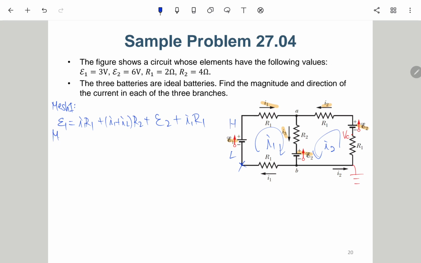And then for mesh 2, let's say we start from this point, or maybe you can quickly see that we have E1, E2. This is going from low to high and then high to low.